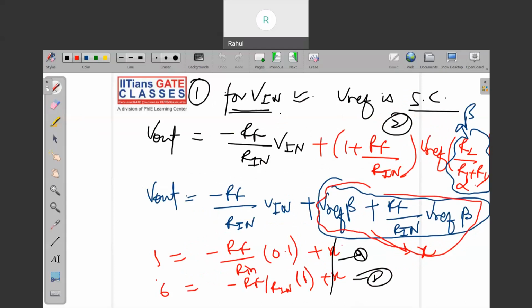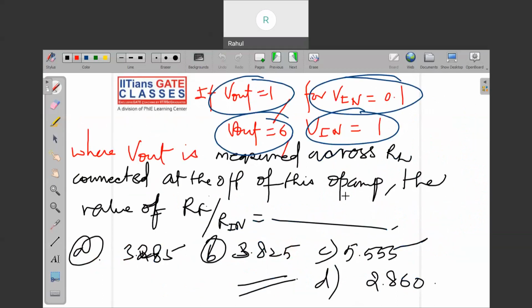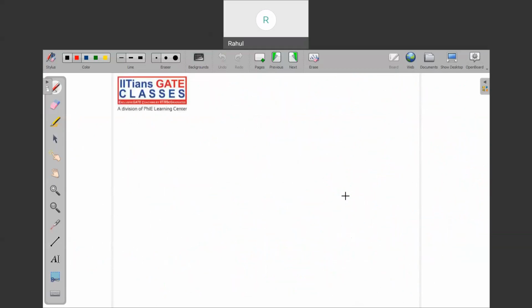If they are unknown, you can club them with a certain constant or variable, whatever you want, and cancel them, right? So this was a very easy question asked in the GATE examination, in GATE 2021.